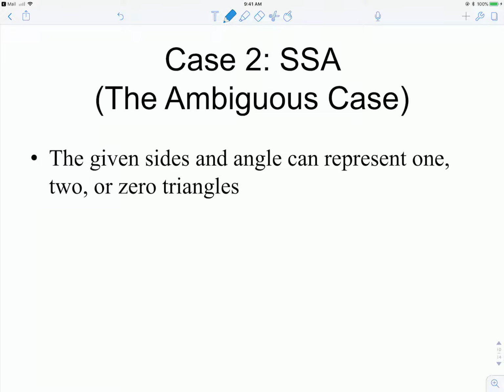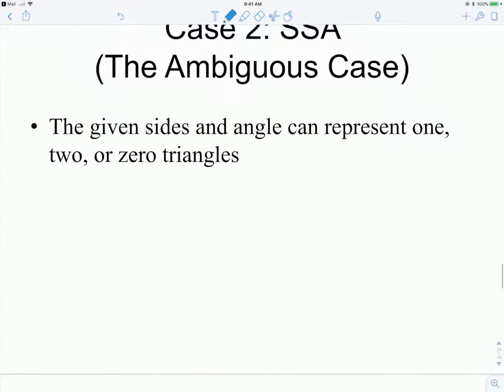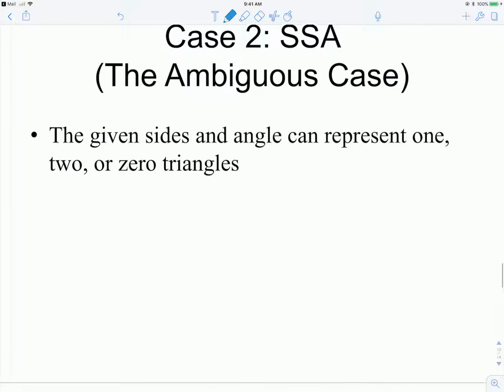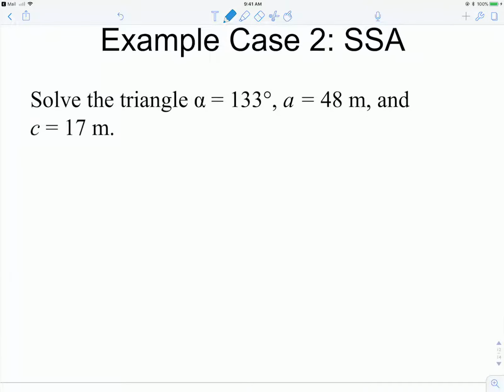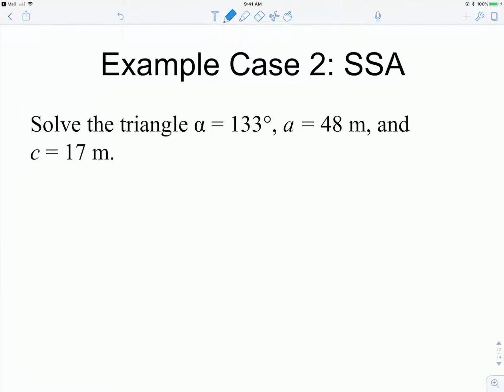Because I don't want this video to be incredibly long, I'm just going to show you the method you can use when you run into this case. It's in your textbook, or I have notes if you're curious about how to analyze the given information to determine whether there's 1 or 2 triangles or no triangles.